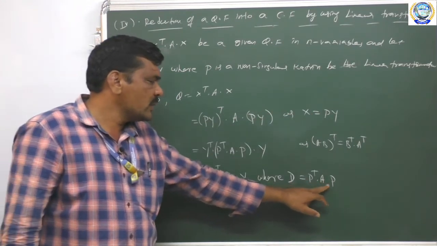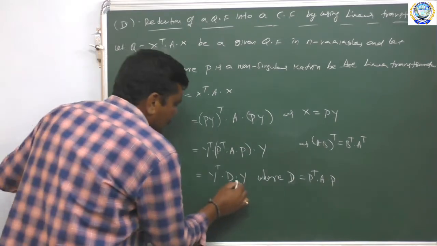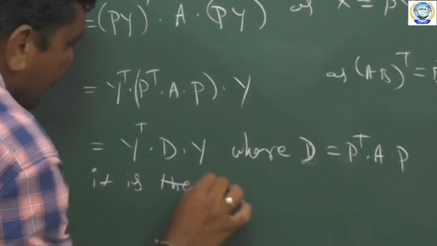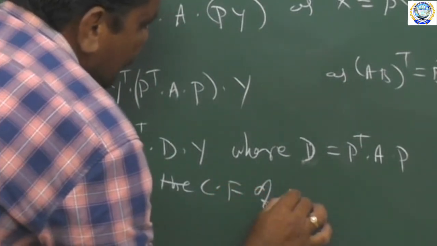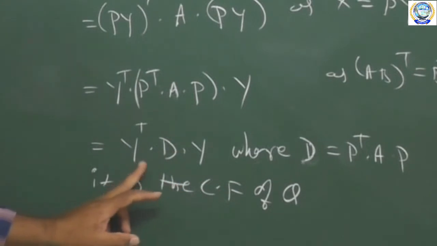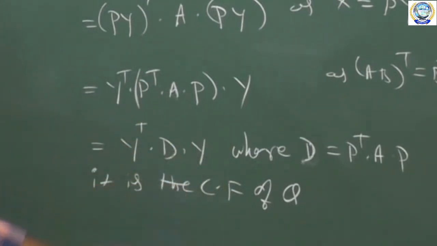Therefore, P transpose AP is a diagonal matrix D. So it is the canonical form of Q since it contains only square terms as D is diagonal.